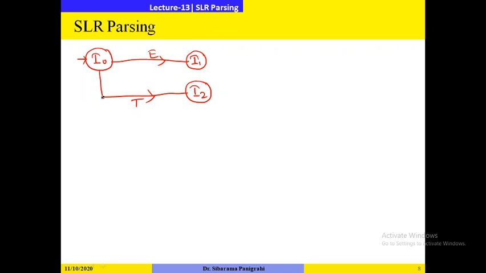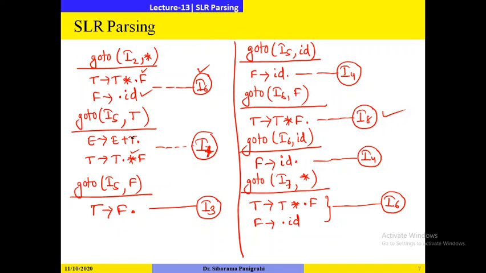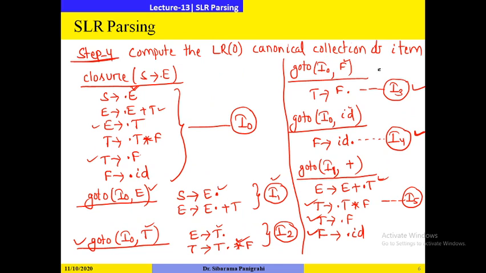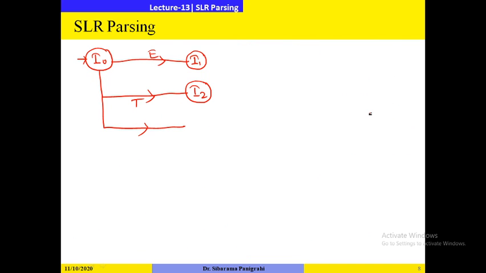Next, I0 by taking F as input, it goes to I3, and ID as input, it goes to I4. So let me draw these two.